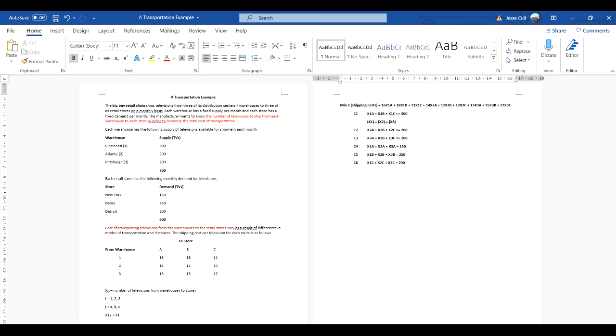It will ship from warehouse 1 to store A, store B, store C. It will ship from warehouse 2 to store A, store B, store C, etc., until it has only shipped as many as we have at each location, until it has satisfied each demand, and until it's done both of those for the cheapest possible price.